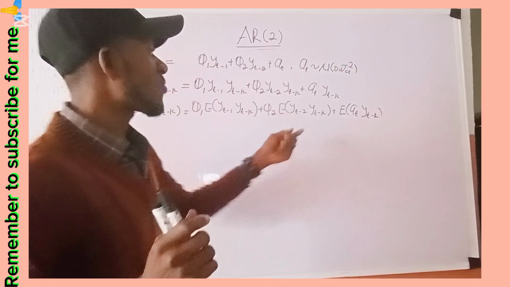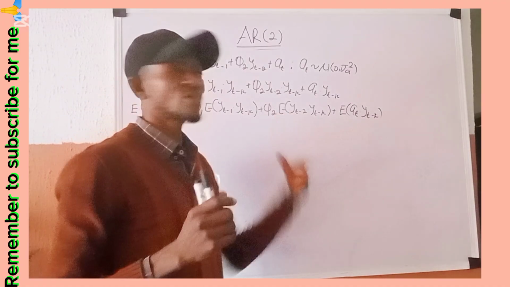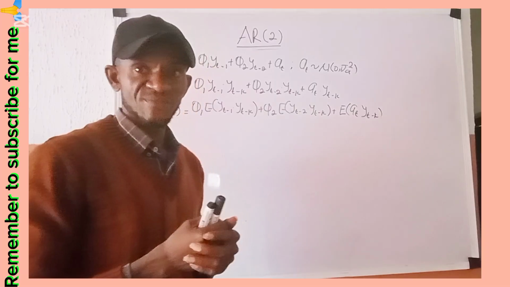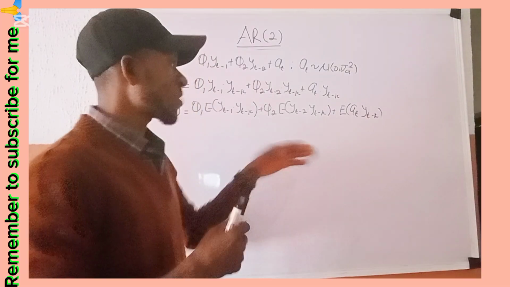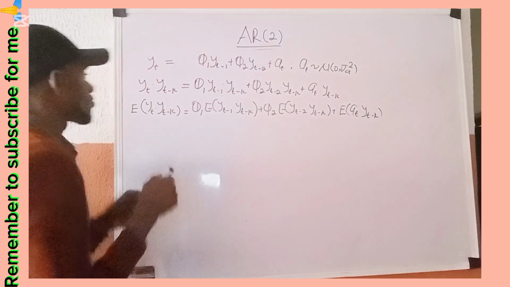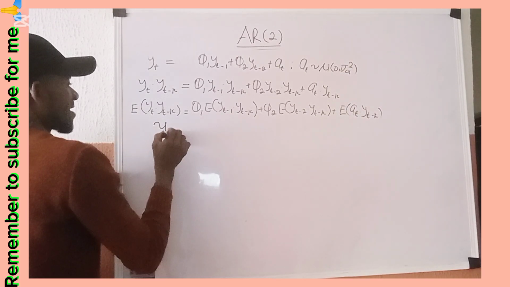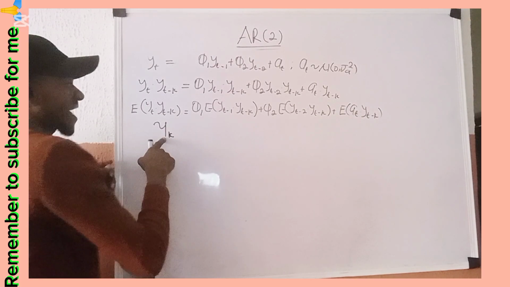But this time around, we are talking about when k is equal to 1, when k is equal to 2, what happens to this expression? Here is what we call gamma k, the autocovariance at lag k.